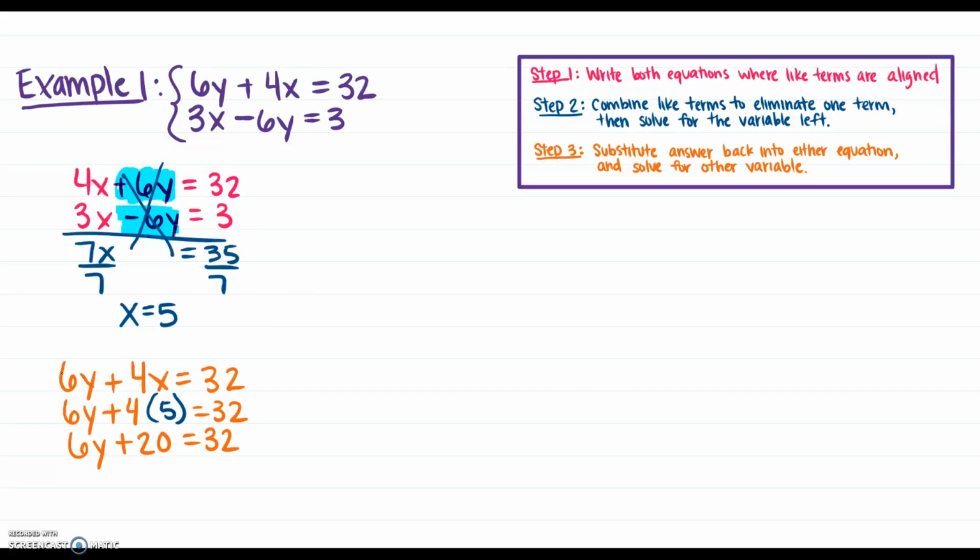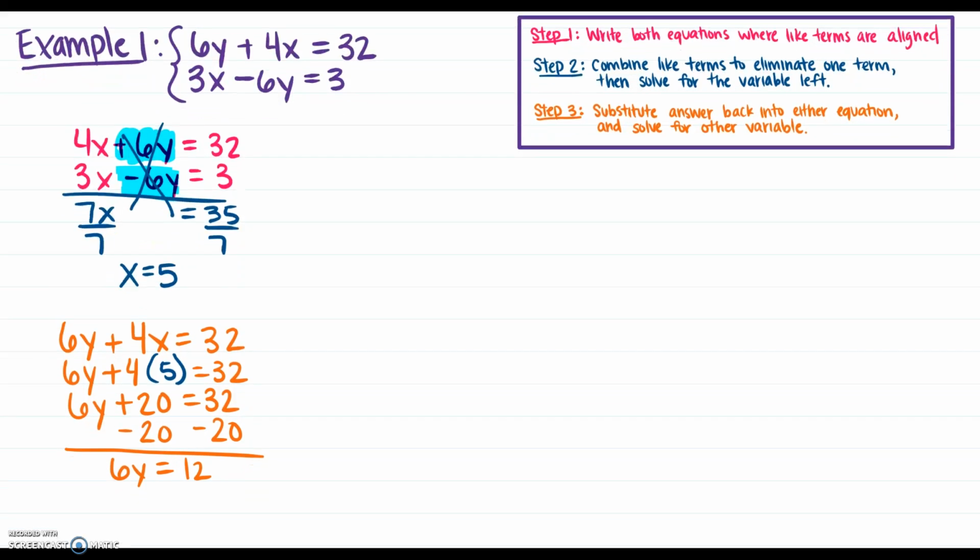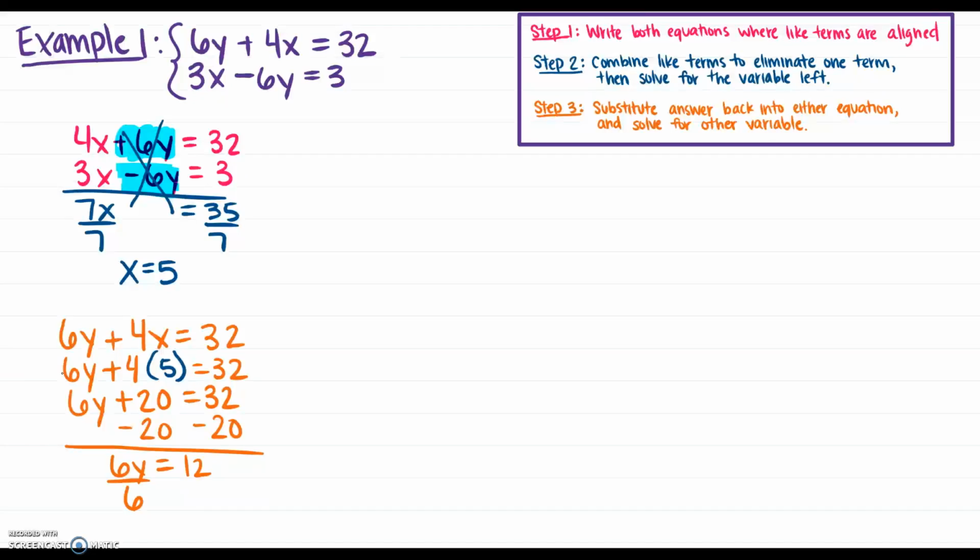And combine my like terms. I'm going to move 20 to the other side by subtracting it. And that gives me 6y equals 12. Divide both sides by 6. And y is 2. So my solution here to this system is x is 5 and y is 2.